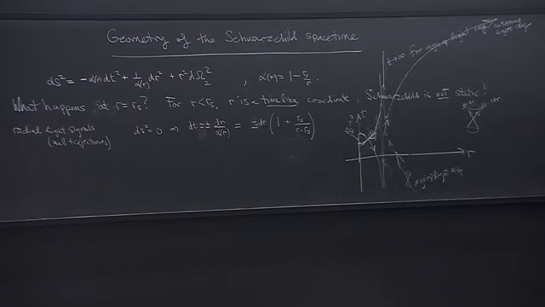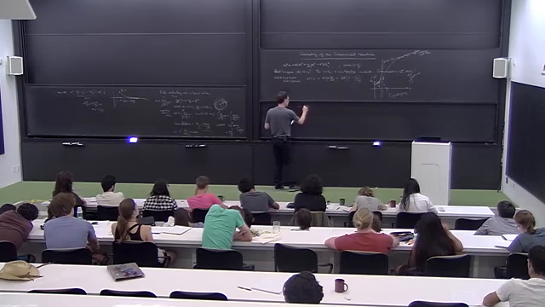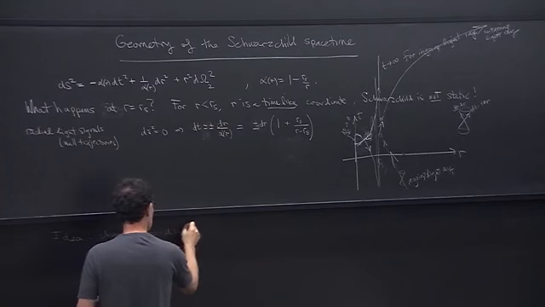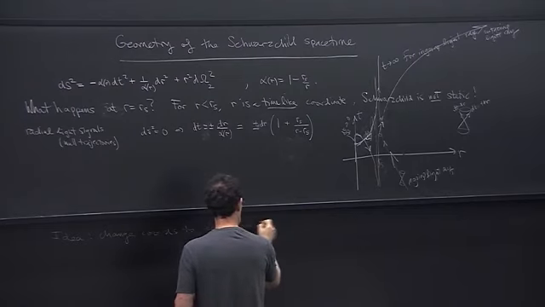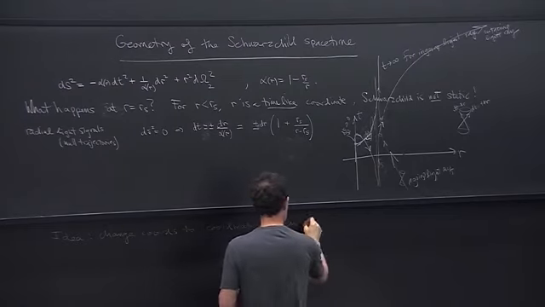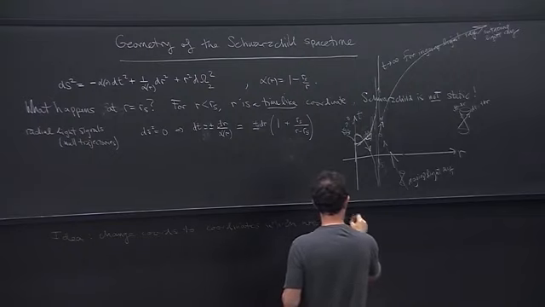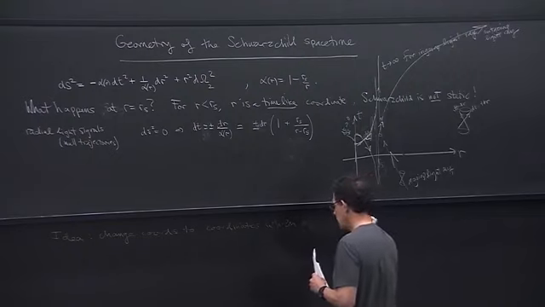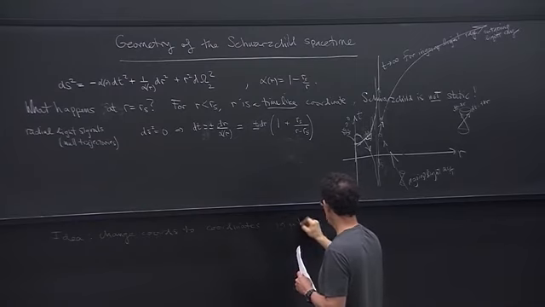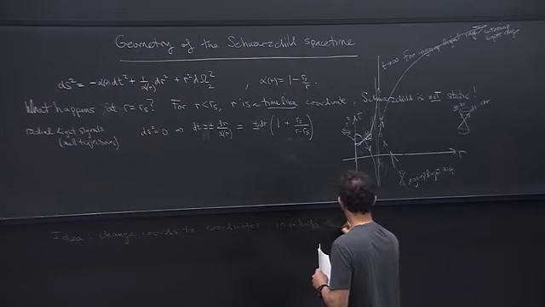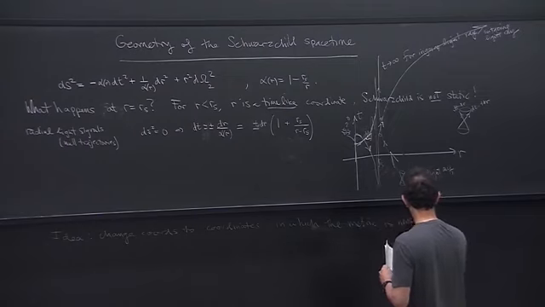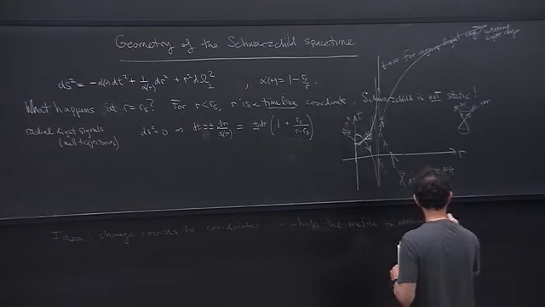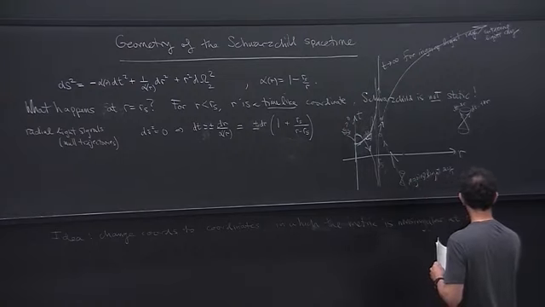So the idea now is to change coordinates to coordinates in which the metric is not singular, in which the metric is non-singular at r equals rs.